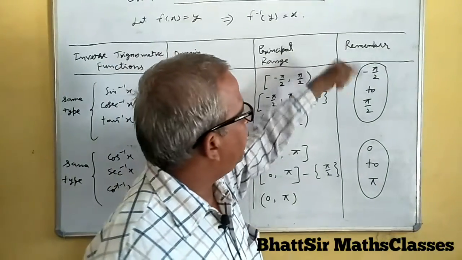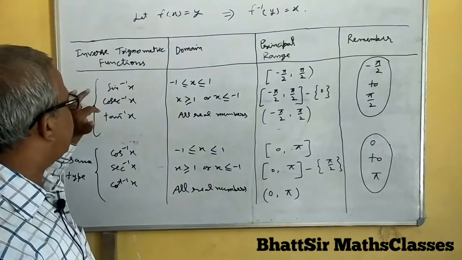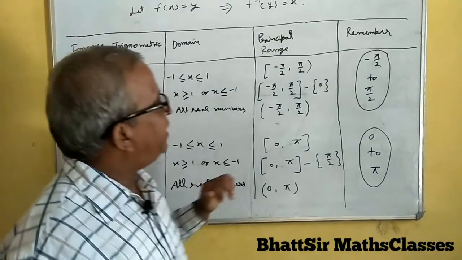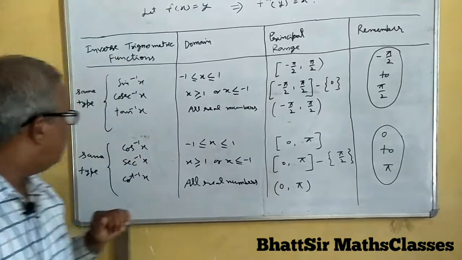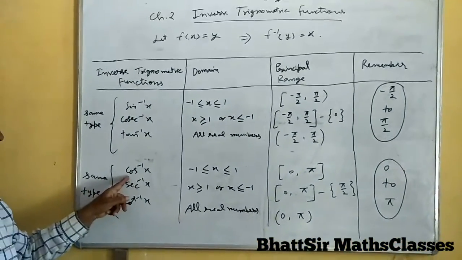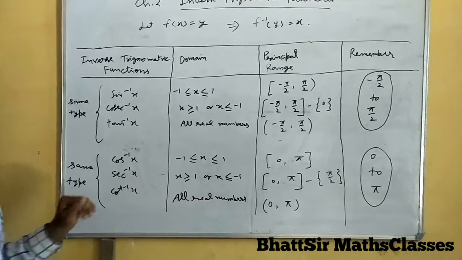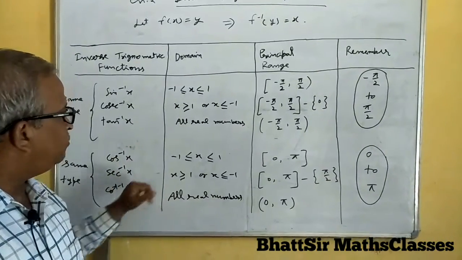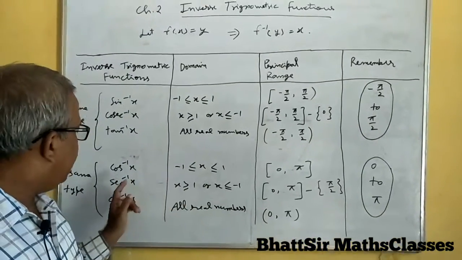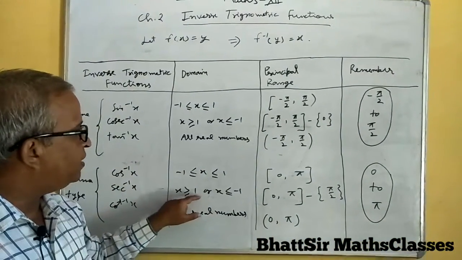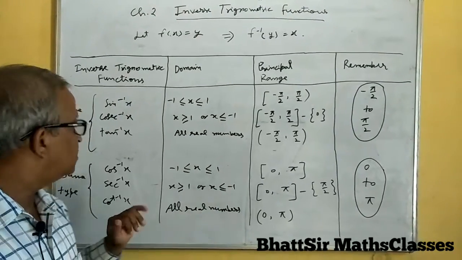For remembering, all the functions sin inverse x, cosec inverse x, and tan inverse x vary from minus pi by 2 to pi by 2. Similarly, cos inverse x, sec inverse x, and cot inverse x are of the same type. Cos inverse x has the domain -1 less than or equal to x less than or equal to 1, sec inverse x has x greater than or equal to 1 or x less than or equal to -1, and cot inverse x has the real numbers.